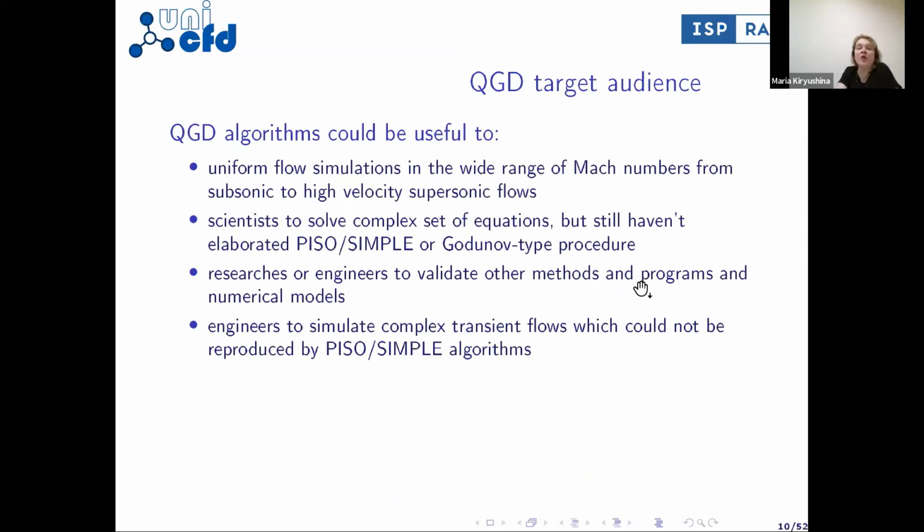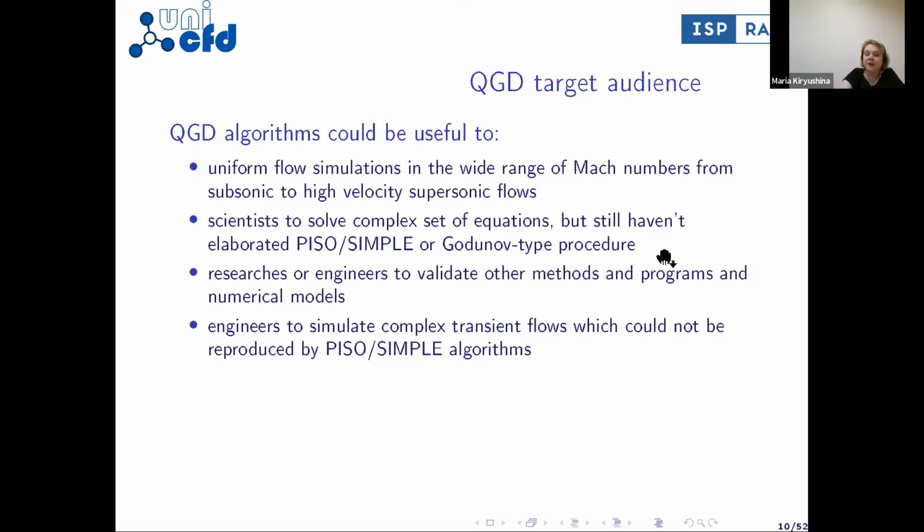QGDFoam can be useful for uniform flow simulations in a wide range of Mach numbers, from subsonic to high velocity supersonic flows, and for scientists to solve a complex set of equations. It brings a computational framework alternative to other solvers, for researchers or engineers for different tasks. Differences from other solvers are in ranges of Mach numbers.